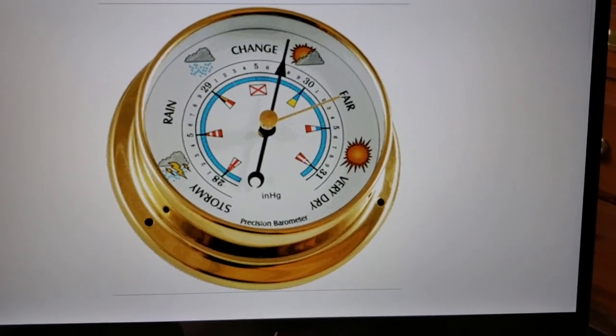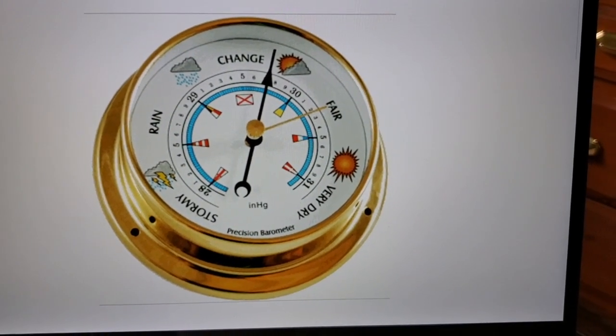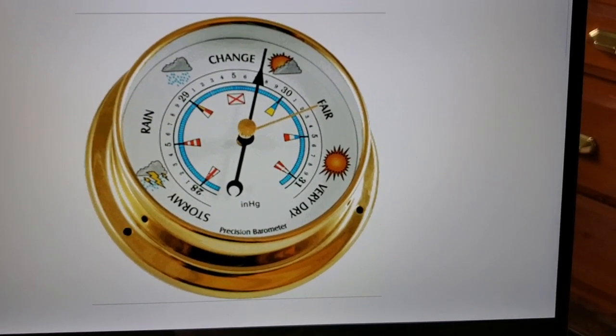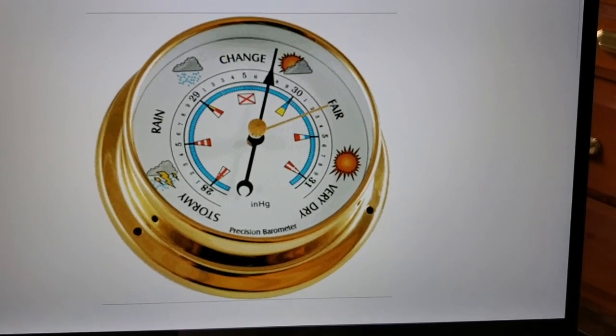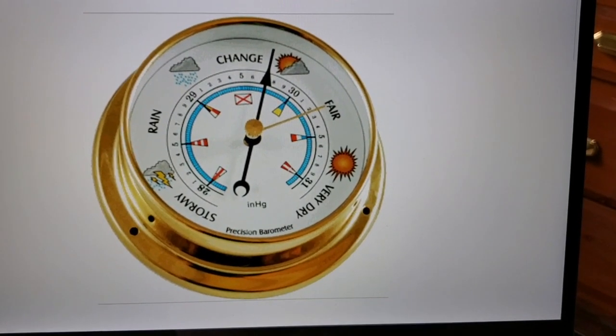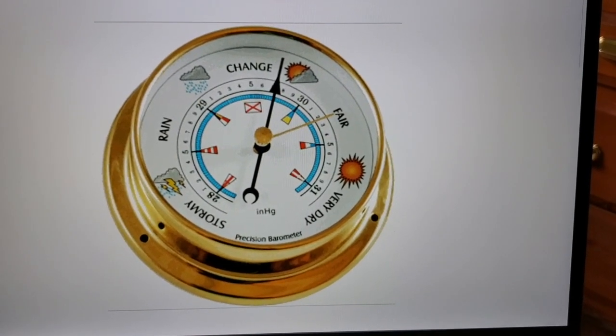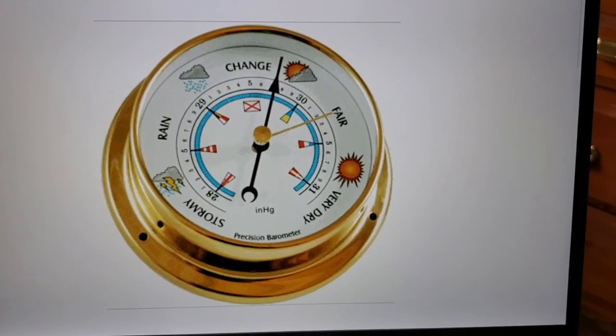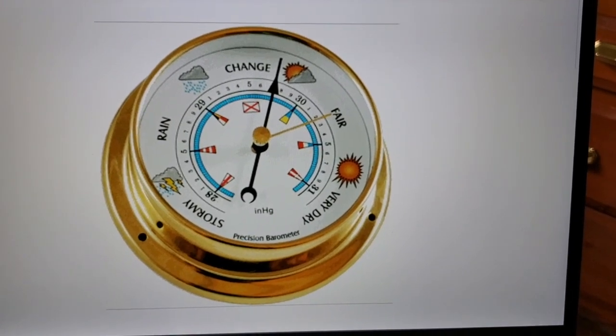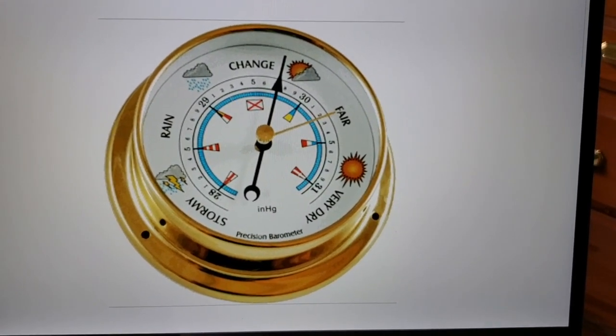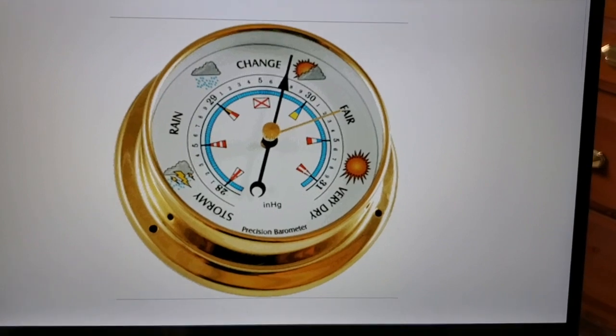The pressure differences have a big effect on the weather, so if you know the current air pressure at your house, as well as the pressure trend, you are able to predict certain things about the weather. As a very general rule, a high pressure area will be clear, and a low pressure area will be cloudy and rainy.